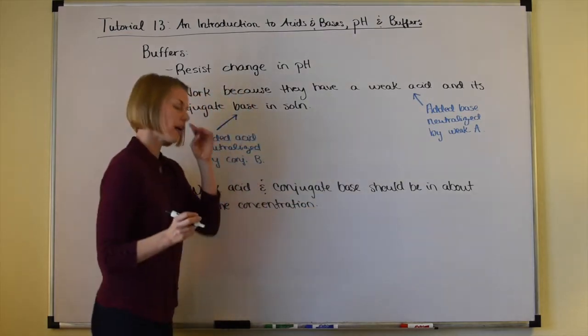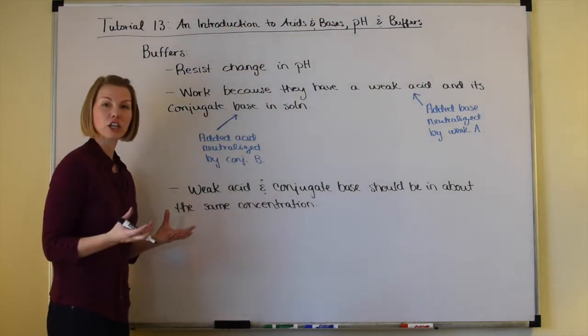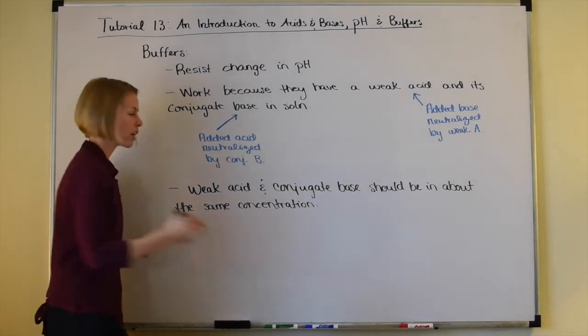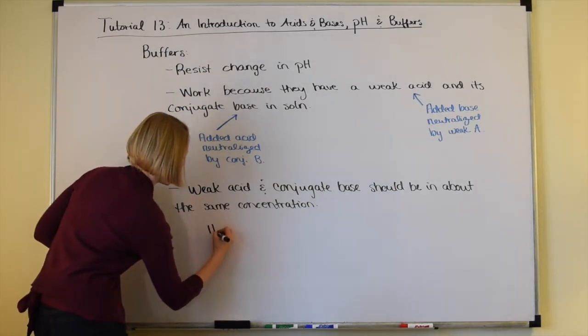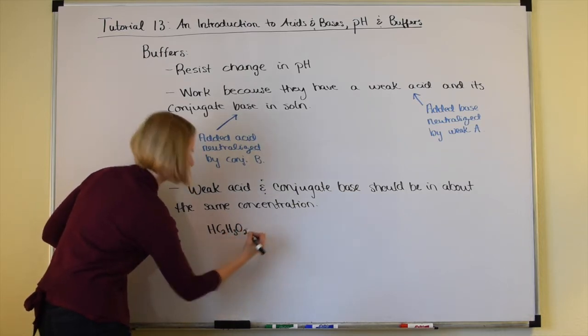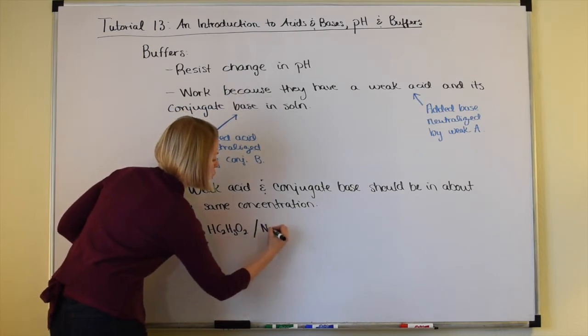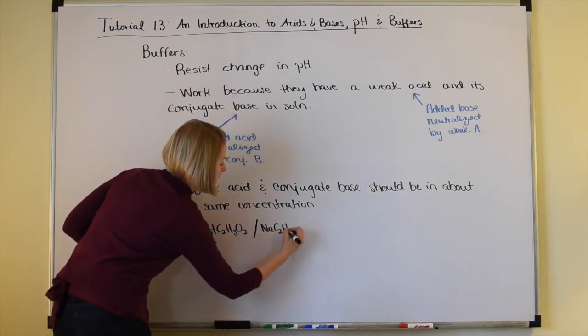So to get an idea of how a buffer solution works in action, let's take a look at a buffer prepared by combining acetic acid, HC2H3O2, which is a weak acid, and the soluble salt sodium acetate.